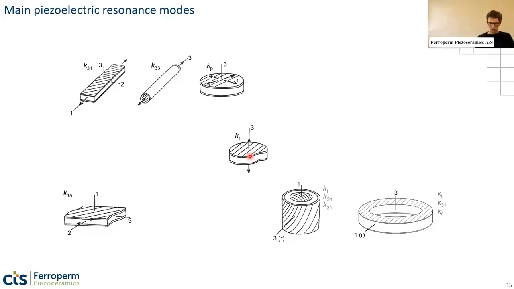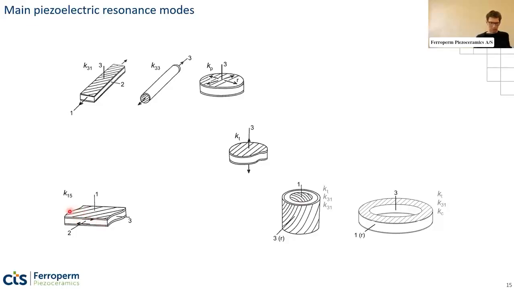I can also mention that if you have components like we make, it could be a ring like here or a tube, you'll also have some specific resonances for these components. In principle, 3 different types of resonances for each of these two. And finally, something I didn't really show yet, there's also a shear mode, where you have this shear displacement shown by the arrows.